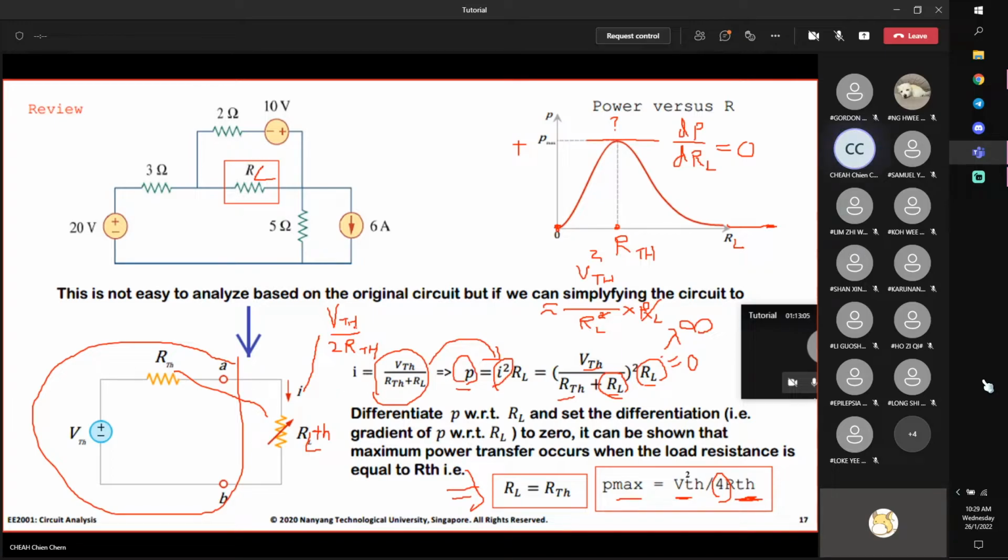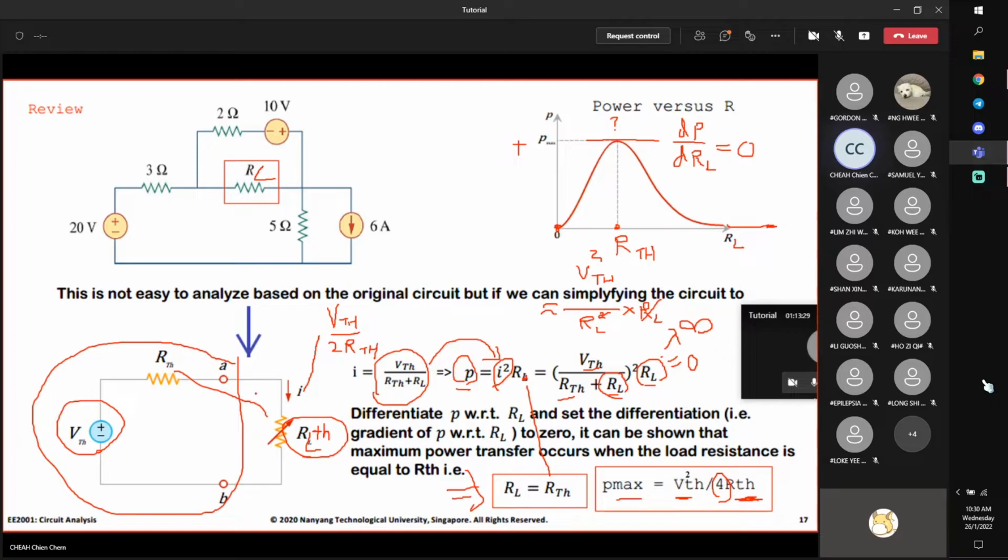I squared is VTH squared divided by 4 RTH squared. With RL equal to RTH, multiplied by RTH, you get V squared over 4 R. So remember that there's a 4 there because we want to express it in terms of VTH and RTH.